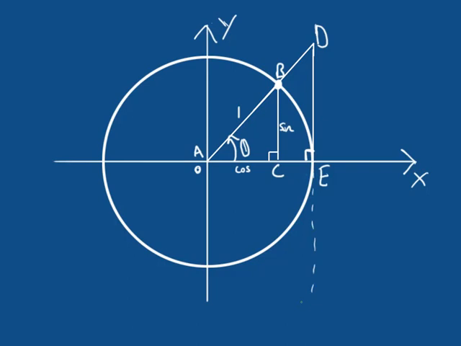That point would be E, and it's perpendicular to AE, which is a radial line of our circle, so by very definition the line ED is a tangent to our circle. Therefore, the trigonometric function tangent can be defined as the length of this line ED.